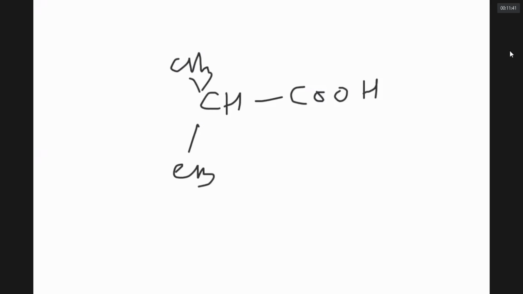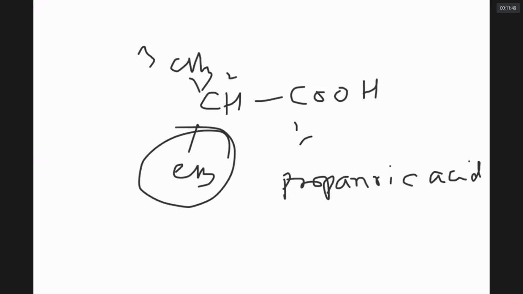Okay, sir. Okay, now the systematic name of this compound CH, CH3, CH3, COOH. Obviously, 1, 2, 3. It is propanoic acid. On the second carbon, there is a methyl: 2-methylpropanoic acid.